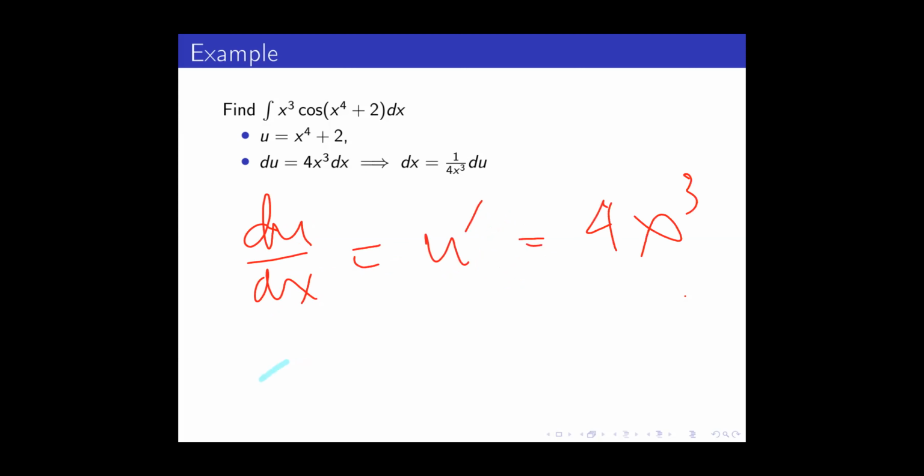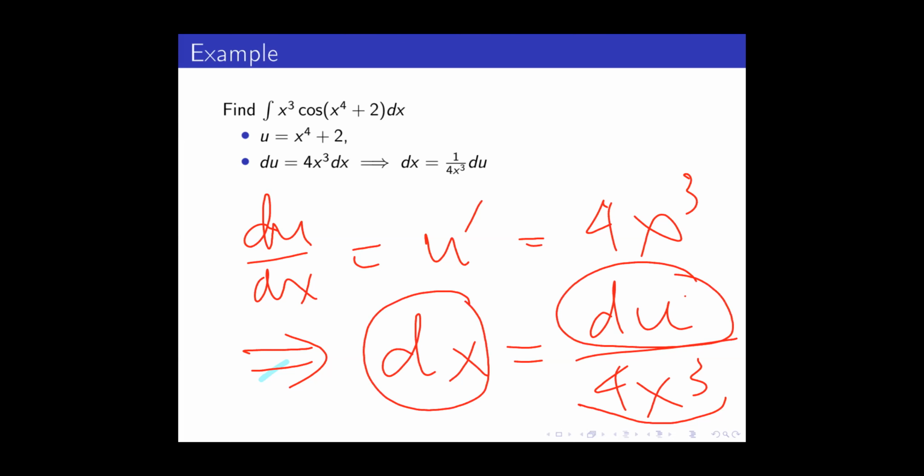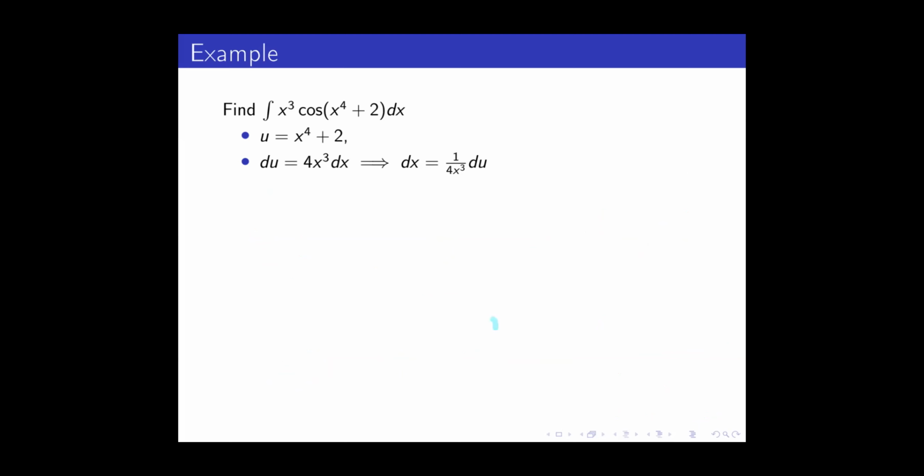And that means that dx is du over 4x cubed. So it's okay at this point to still have x here. The key point is you have changed from dx to du. So once you have this, dx is du over 4x cubed.